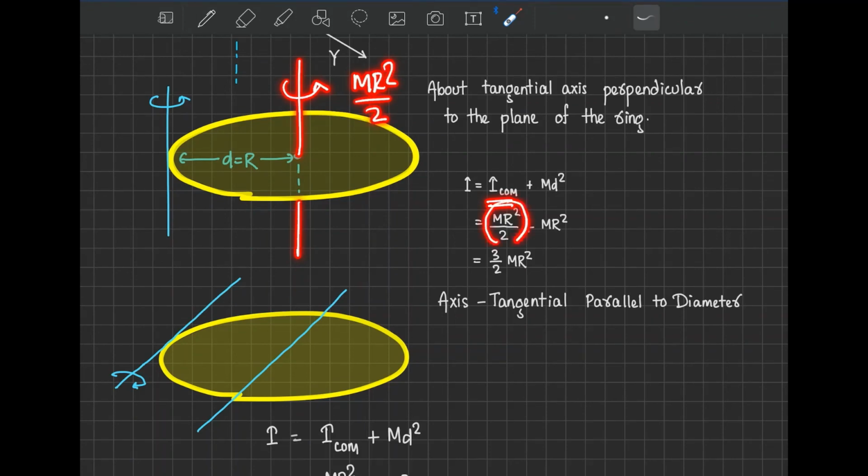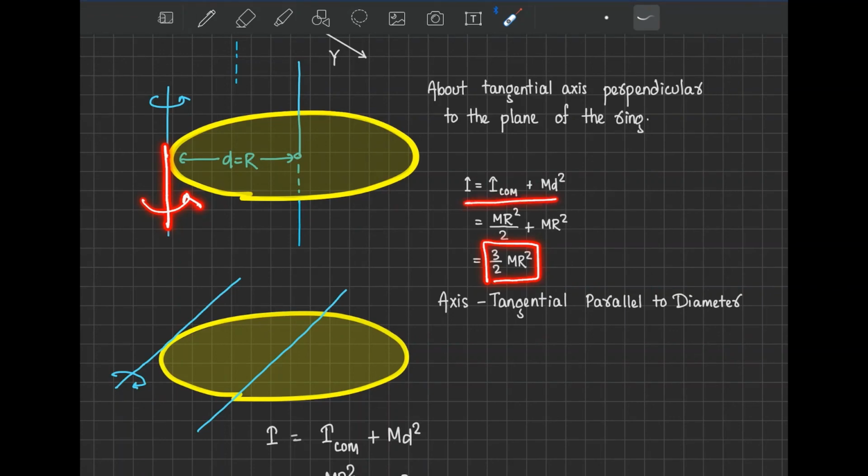So mR square by 2 plus Md square, and d is the distance between the two axes, right? Here the distance is R, so plus mR square. This gives us 3 by 2 mR square. So 3 by 2 mR square is the moment of inertia of the disk about this axis, and we found it using the parallel axis theorem.